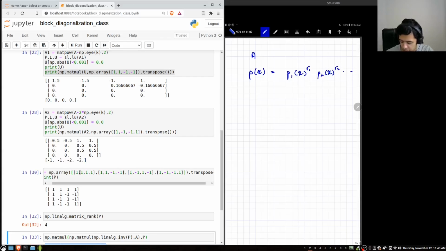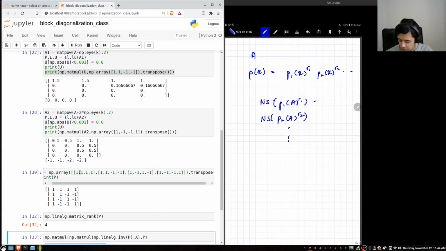And then we find the null space of P1 of A to the R1, the null space of P2 of A to the R2, and so on.